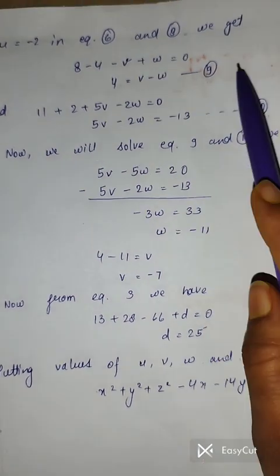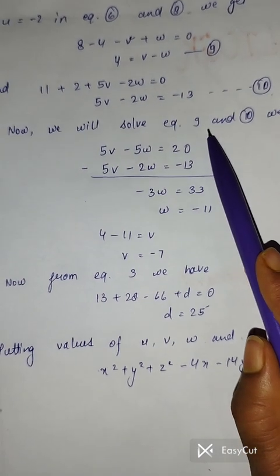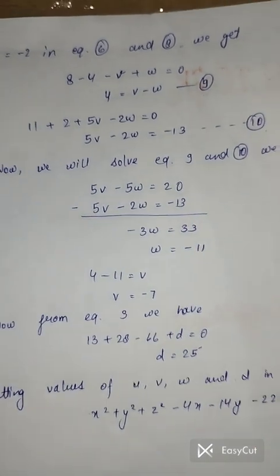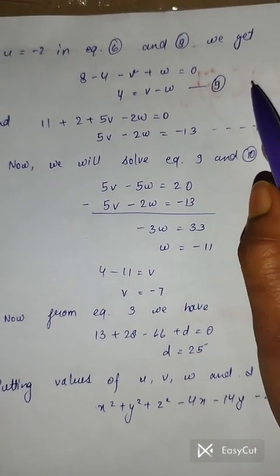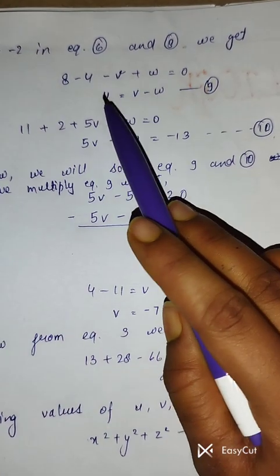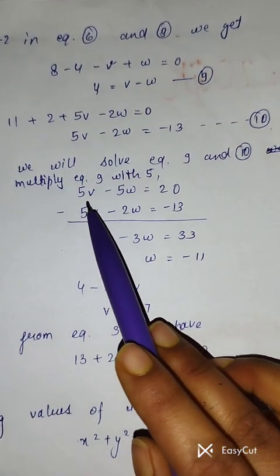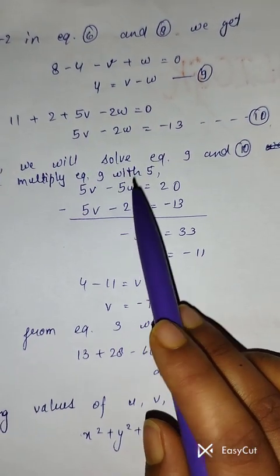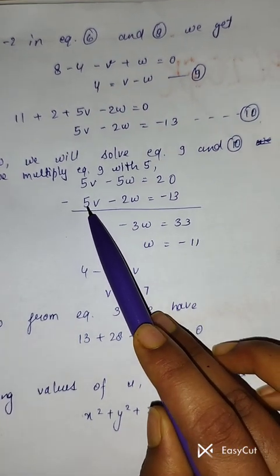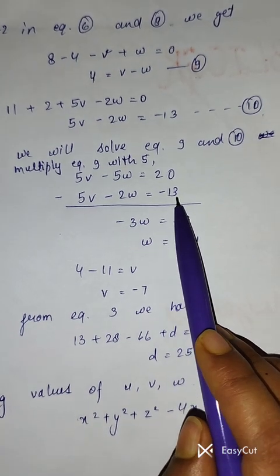Now we will solve equations number 9 and 10 for the values of v and w. For this we have multiplied equation number 9 by 5. So by multiplying 5 in equation number 9, we got 5v minus 5w is equal to 20, and we have our equation number 10, that is 5v minus 2w is equal to minus 13.